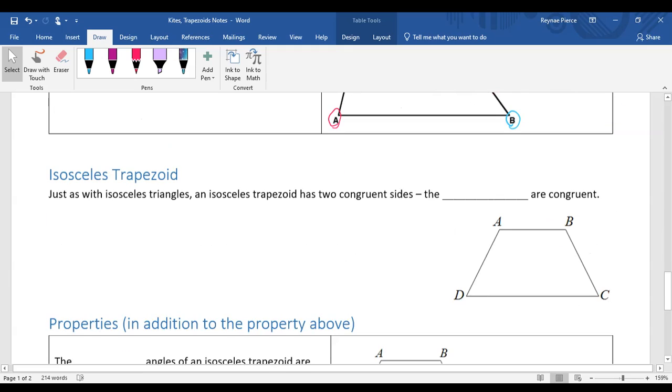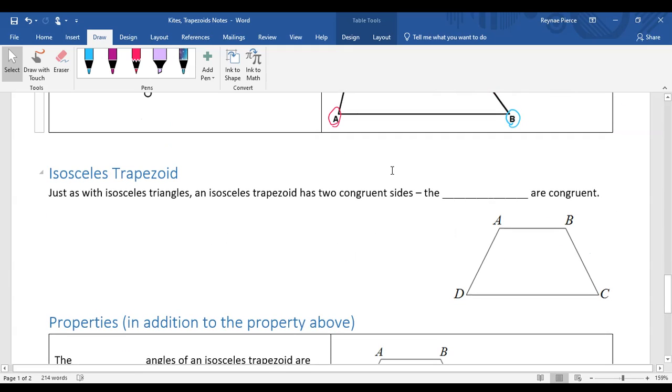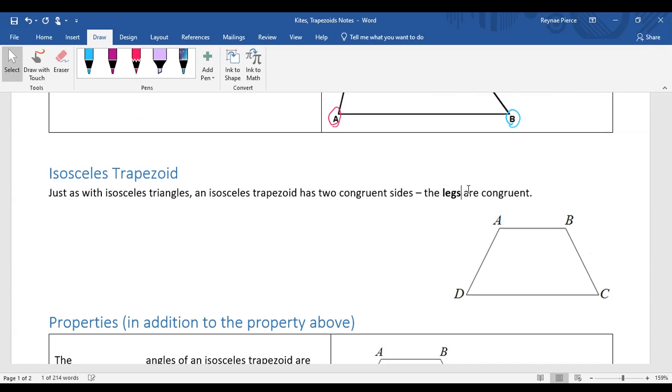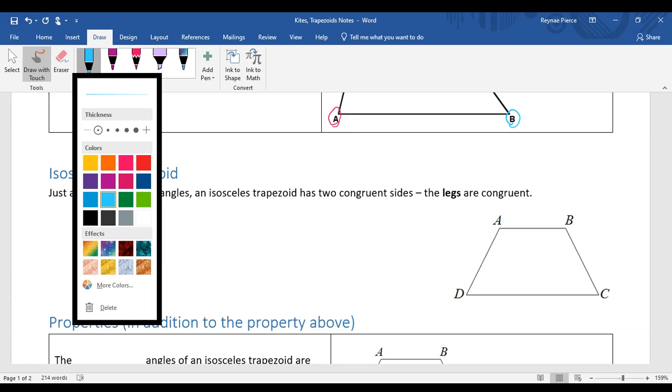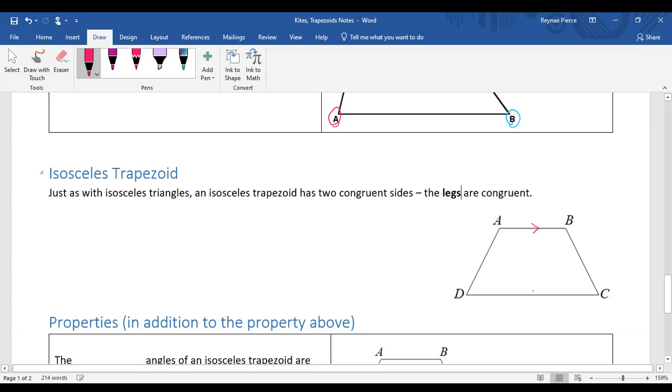Now, when the legs are congruent, just like we have an isosceles triangle if two of the sides are congruent, we have an isosceles trapezoid. So we still have our parallel sides, those are the bases, but these non-parallel sides are congruent. That's an isosceles trapezoid.